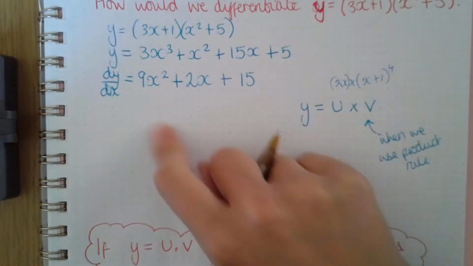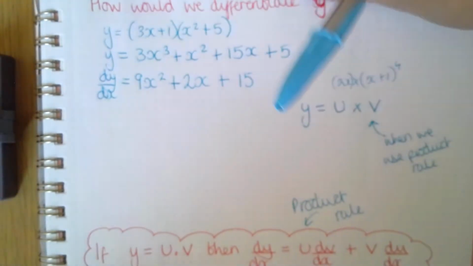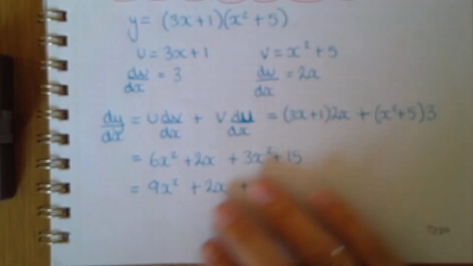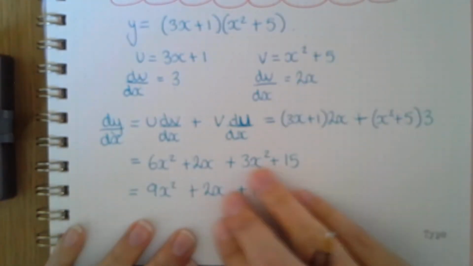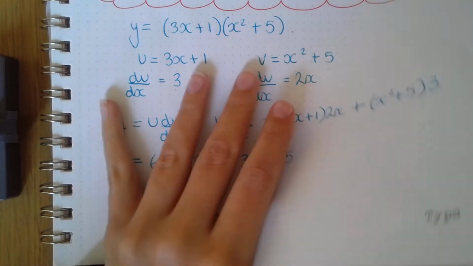Obviously, in this circumstance, expanding the double brackets and then differentiating is a little bit quicker. But we're going to look at a question in a second where it shows that it's definitely not the quickest way, and we need to know how to do product rule just in case questions like that do come up.